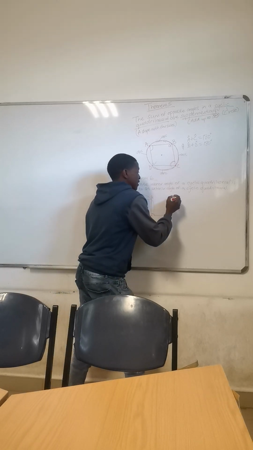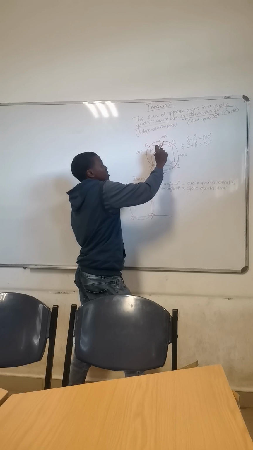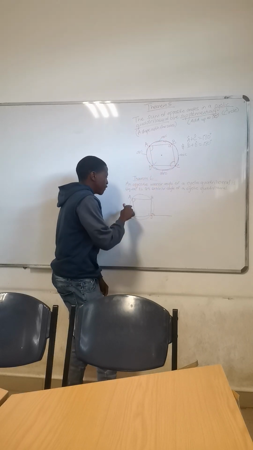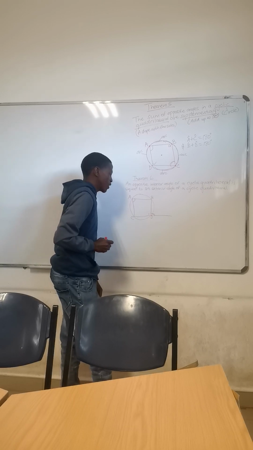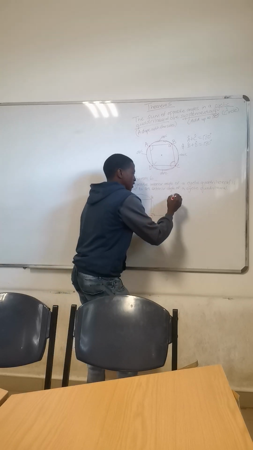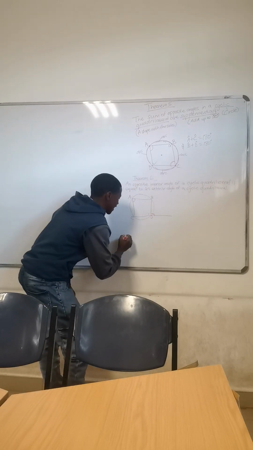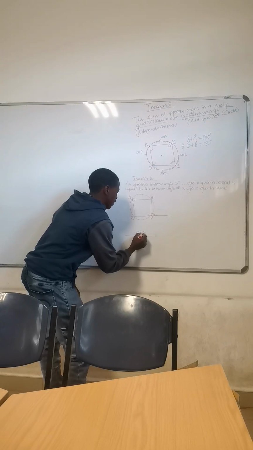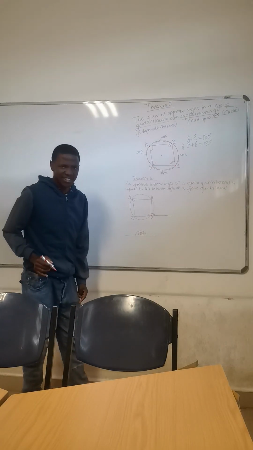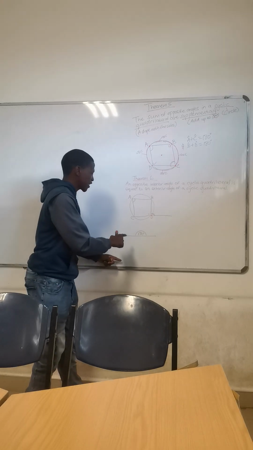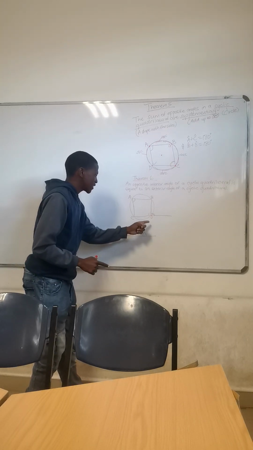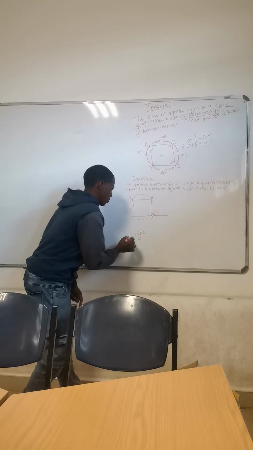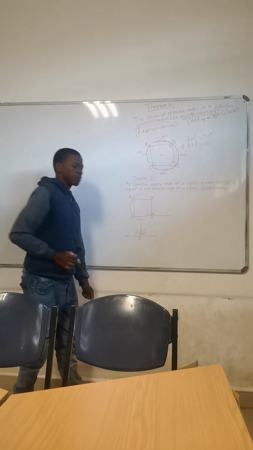Remember that we are going to use Theorem 5 to prove Theorem 6. If you separate the two, remember that we have a straight line. That straight line is equal to 180 degrees. In this 180, we have D1, we have D2.